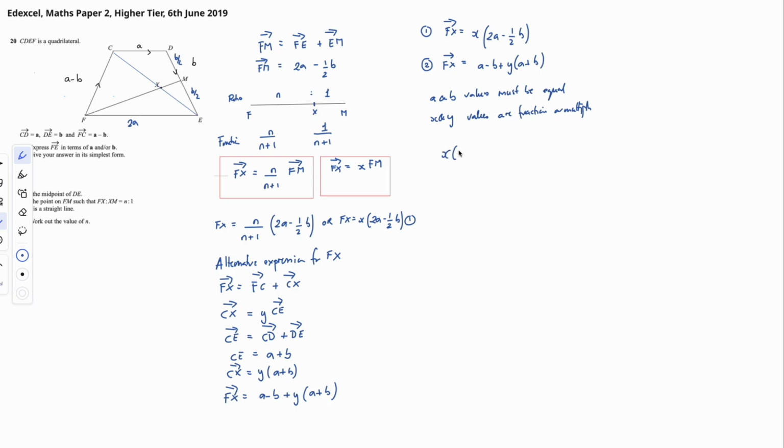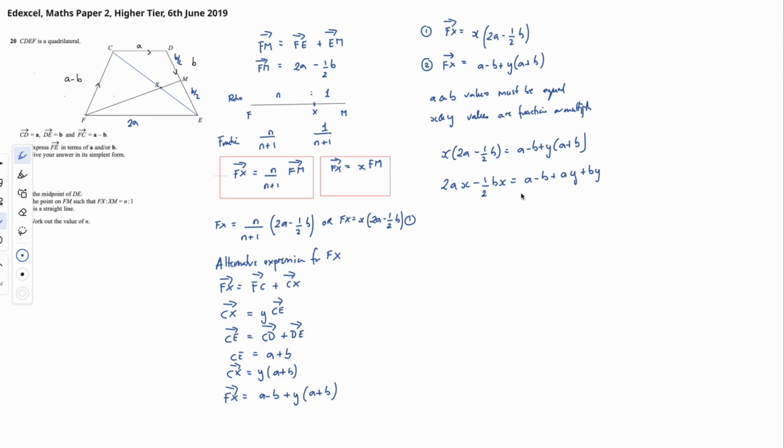So given that our x's and y's are multipliers, let's just expand our brackets out. We've got 2ax minus half bx is equal to a minus b plus ay plus by.